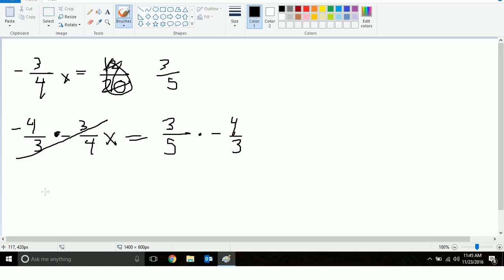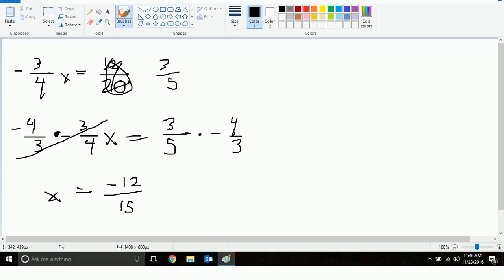Then when we multiply the tops, 3 times 4 is going to give us -12. And then the bottom is going to give us 15. Okay, those can reduce because both of those are divisible by what number? -3.